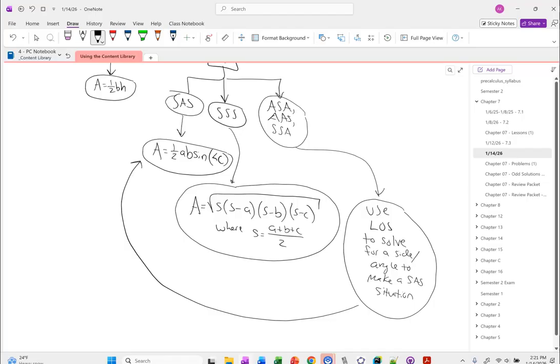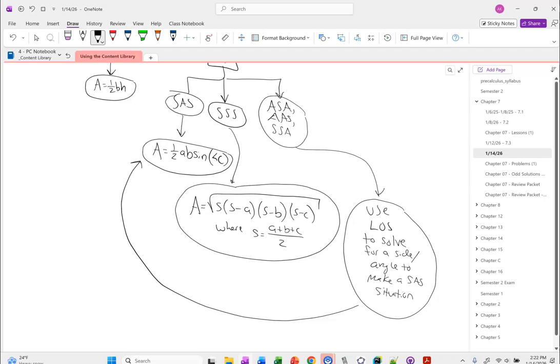You can make a side angle side set of information and go back and use the side angle side formula. I would not ask you to do that on a test. But that's what you would do.